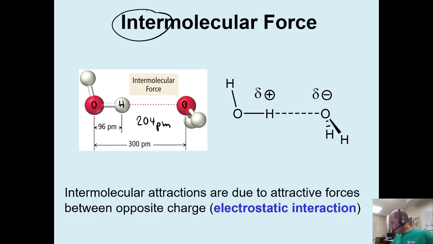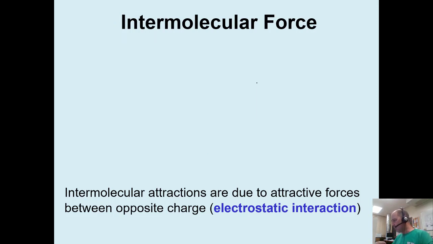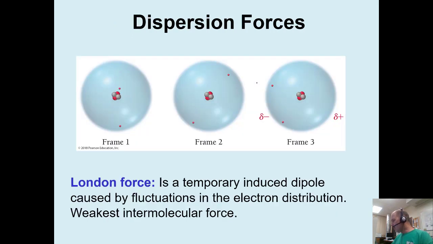So that's just as a reminder, and we always indicate that dipole by putting small deltas, so it's a partial negative charge and a partial positive charge. Okay, and so this is called the hydrogen bond, but we want to start out with the lowest intermolecular force.